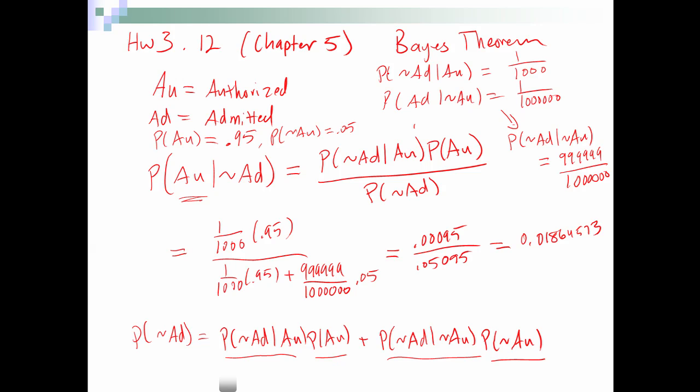You would think if you're not admitted, that means you're not authorized, and that's not the case, because there are mistakes that are made when this machine is trying to identify authorized people or not authorized people. So unless you have 100% probability of not being admitted when you're not authorized and 100% probability of being admitted when you are authorized, then things are not as they always seem.